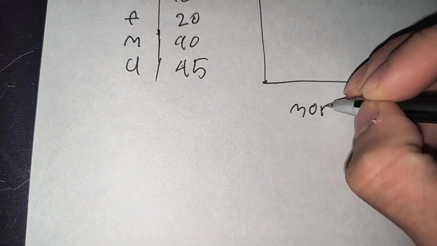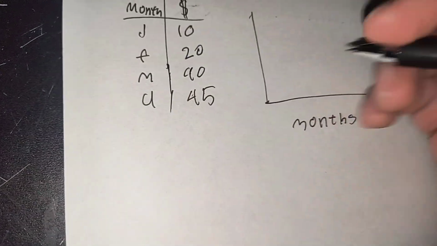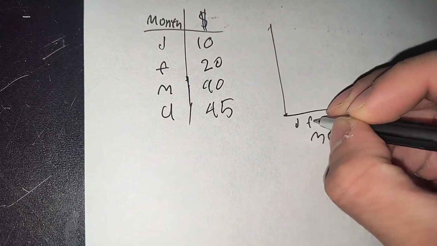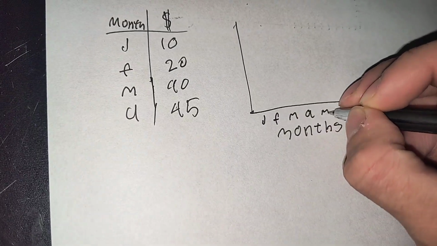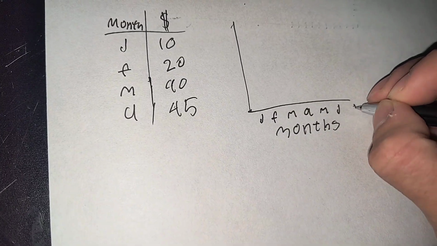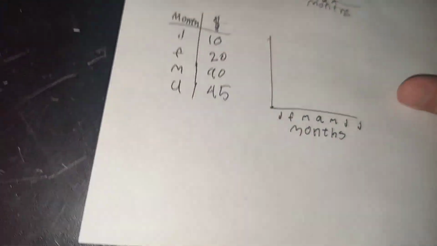Anyways, you can write another graph like this, where we could put months again at the bottom. You could put months at the bottom, right? January, February, March, April, May, June, and then July. And we could put money on the side.